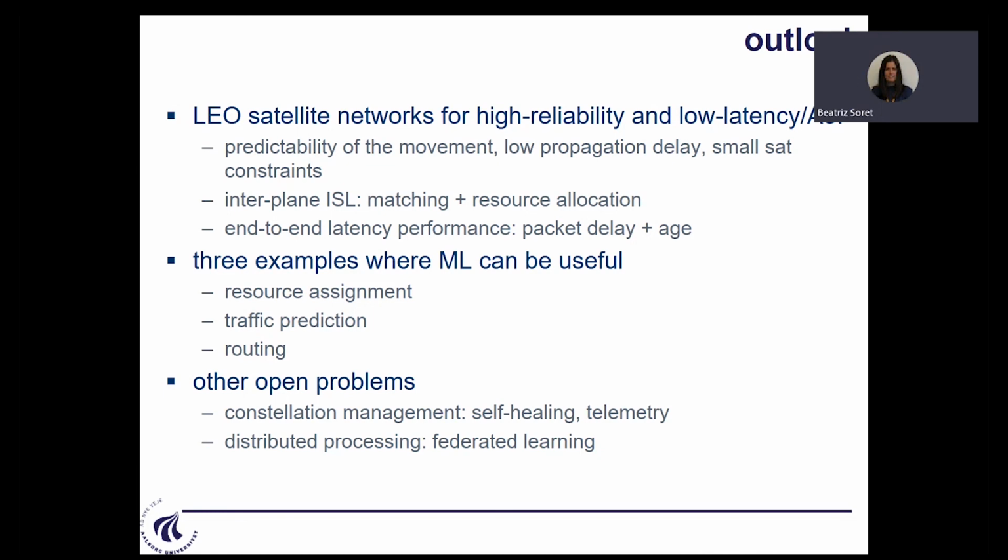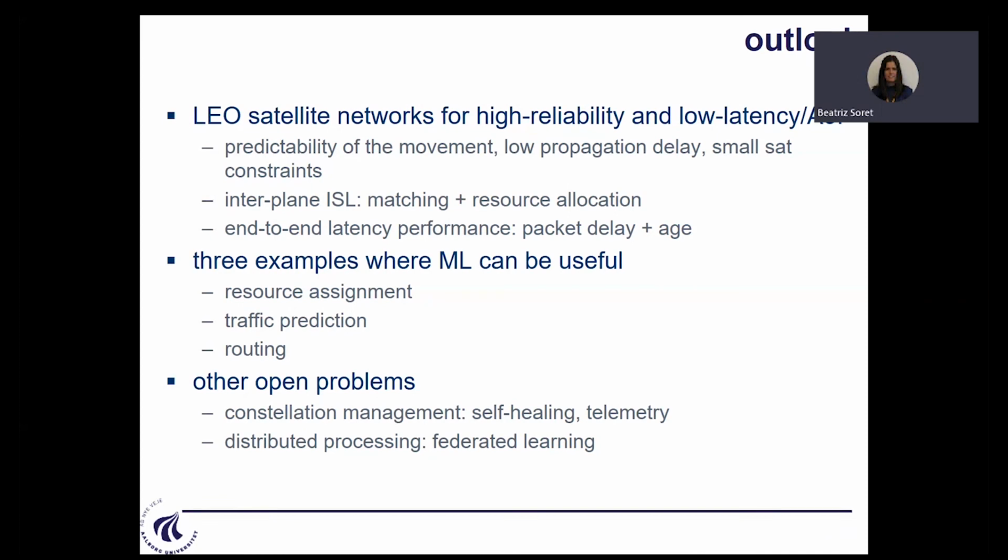I think the main difference is how this predictability can be exploited. It's not that things are periodic. It depends on the constellation. Some constellations, if all the planes are at the same altitude, then there is a periodicity, and you can exploit this cyclostationary process in your algorithm.